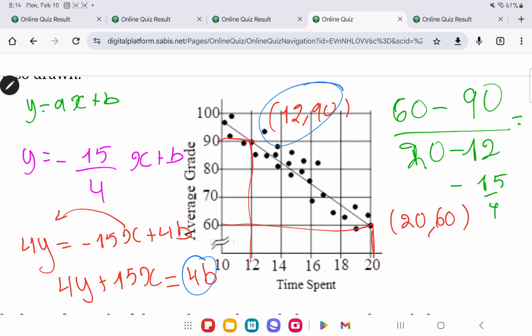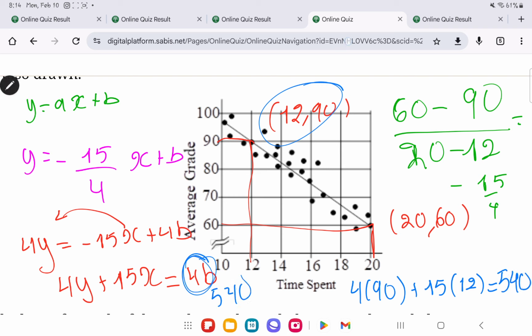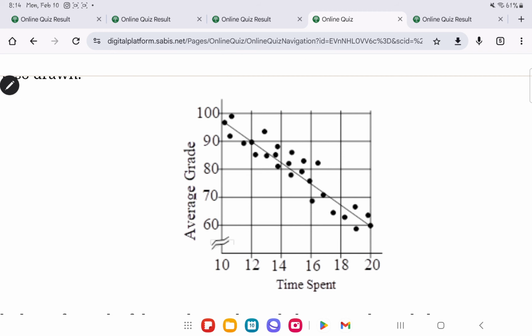For example, if you chose (12, 90), you're going to have 4 times 90 plus 15 times 12 is equal to, and then you put it on your calculator, and you get an answer of 540. So 4b is then 540. So the final form of the equation is 4y plus 15x is equal to 540.